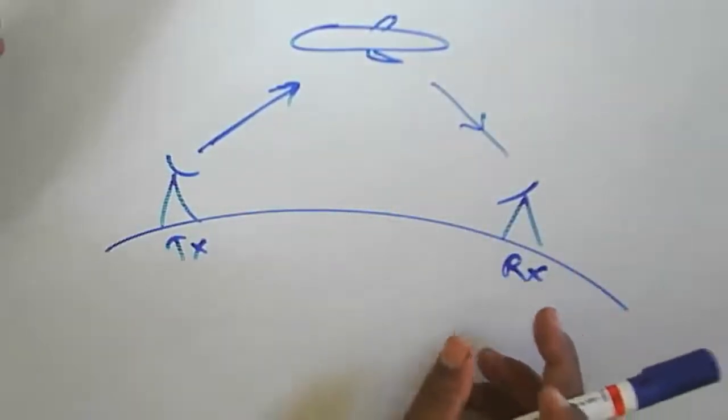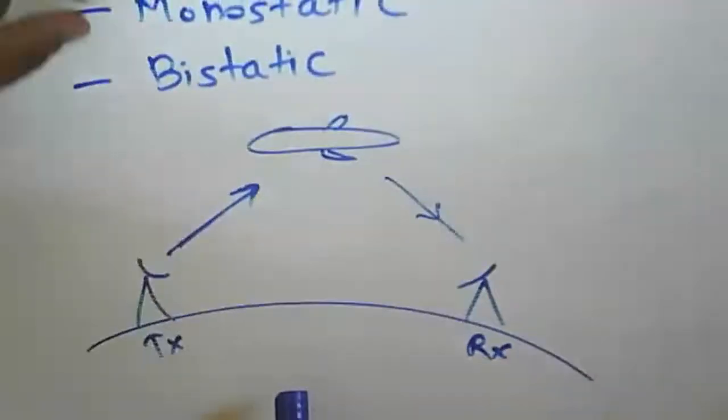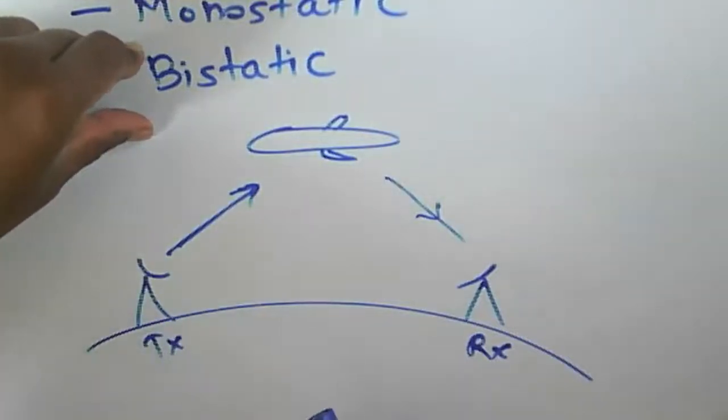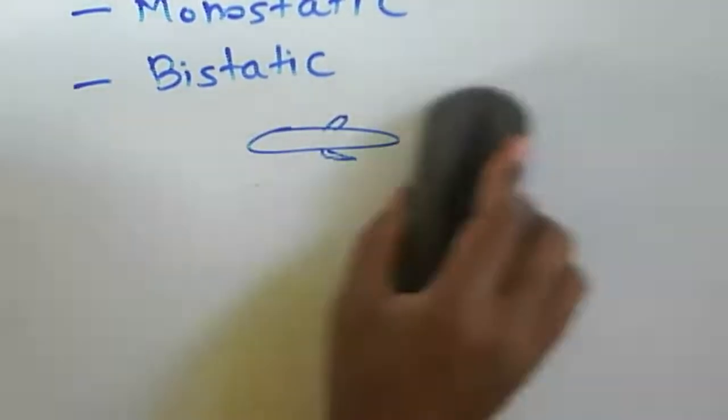So a bistatic radar has a separate transmitter and a separate receiver, and the distance between them should not be greater than about 1 kilometer or so. So we can generally say it is within a kilometer.